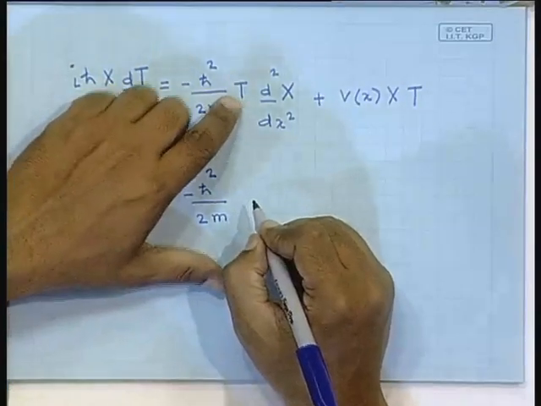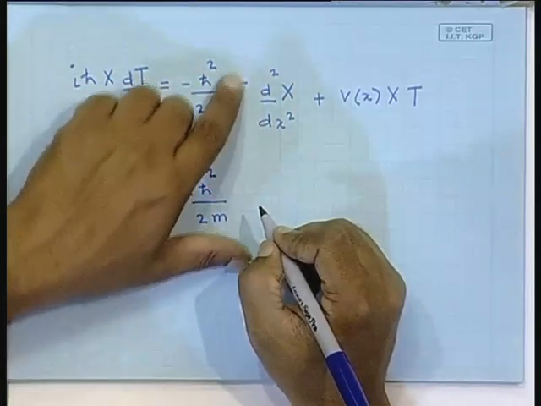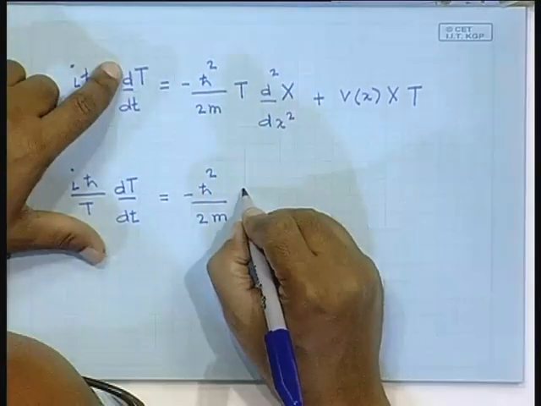I am dividing by capital X and capital T. So, capital T will cancel out, I will have a capital X left.